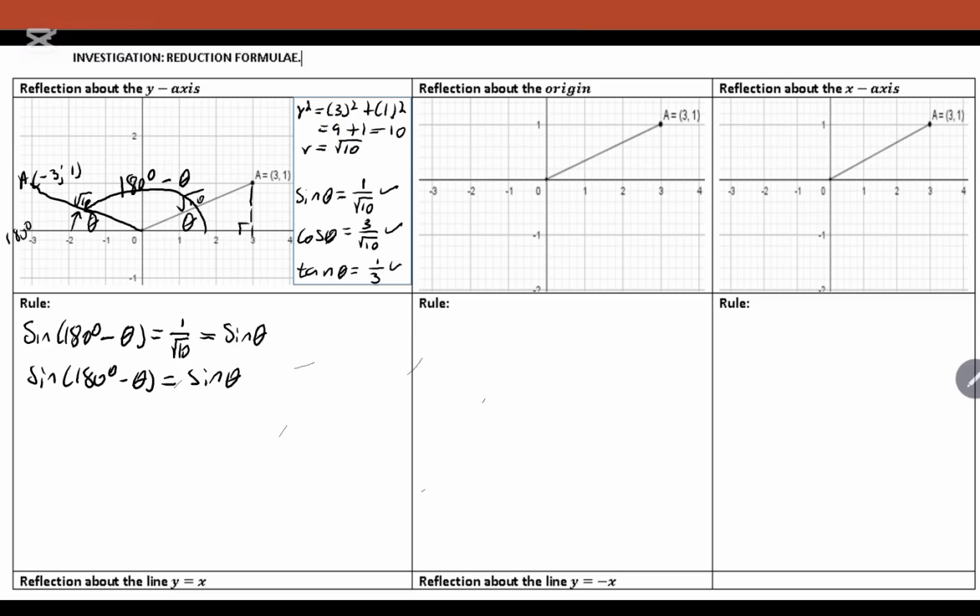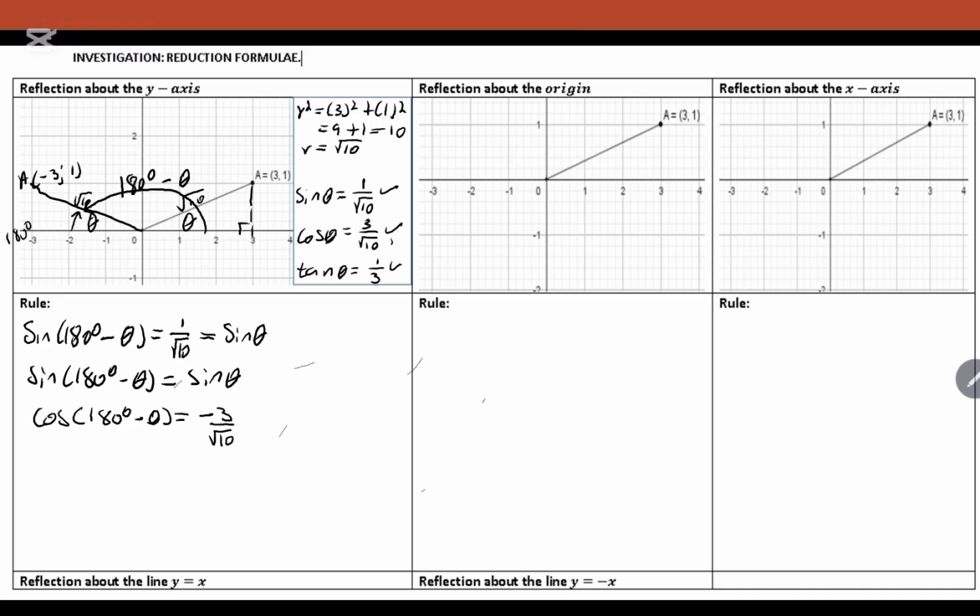Let us look at the second trig ratio, cos theta. In this angle we have cos of 180 degrees minus theta. This is equal to, now the value of x here is negative, so that is negative 3 over the square root of 10.